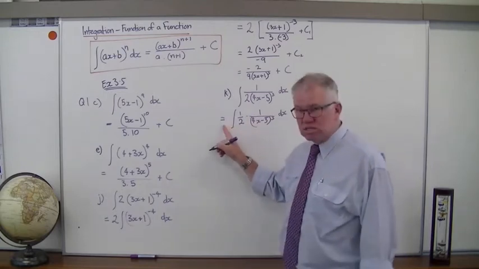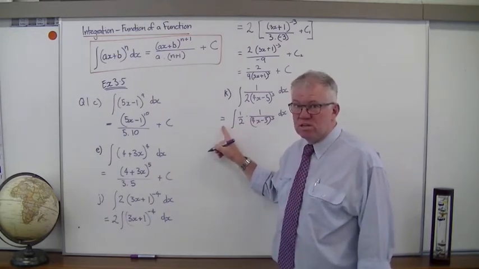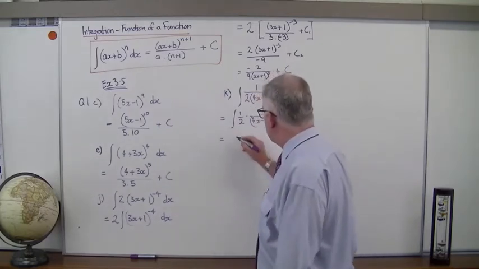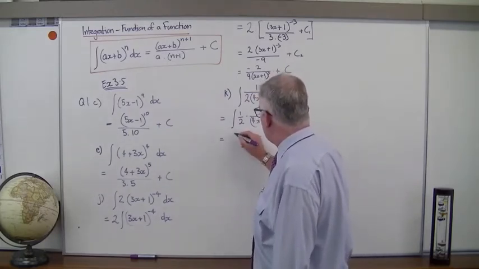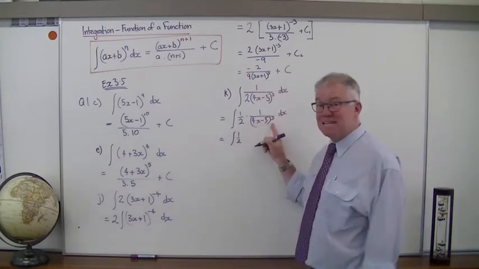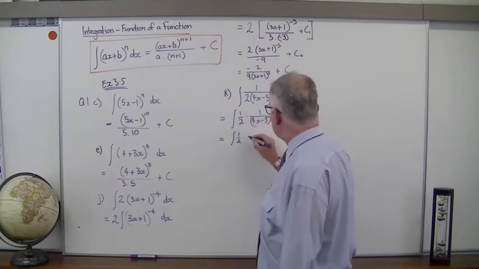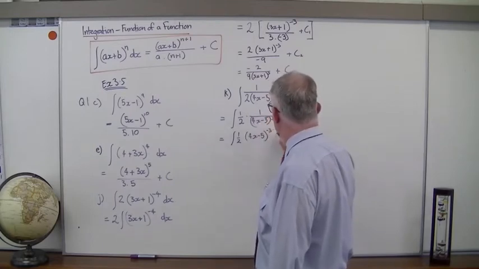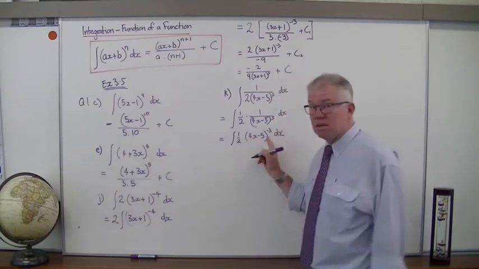And we could take this constant out the front. I'm going to work ahead without doing that. And the result will be the integral of a half. We want to change this into index form. So we're integrating 4x minus 5 to the power of minus 3 with respect to x.